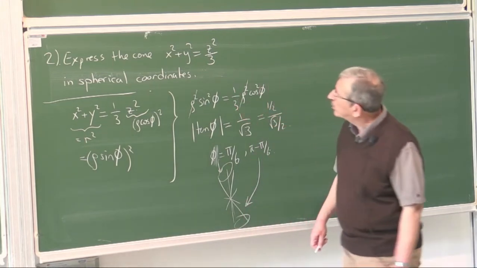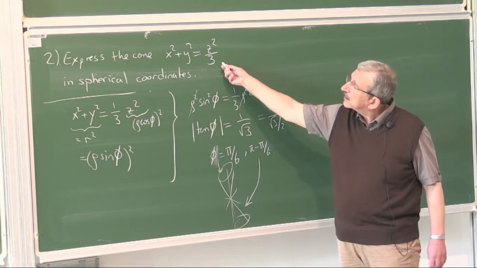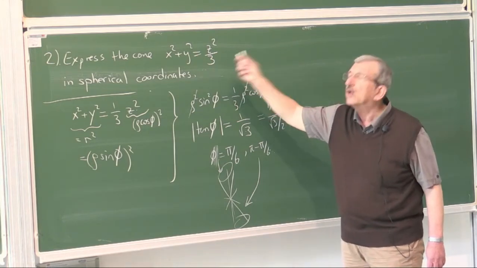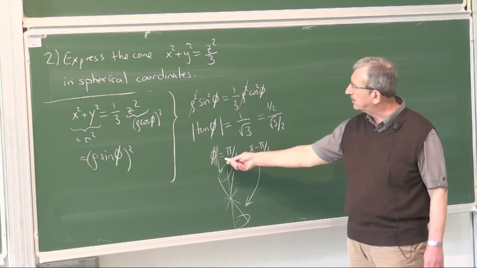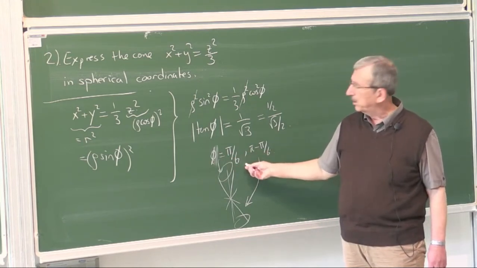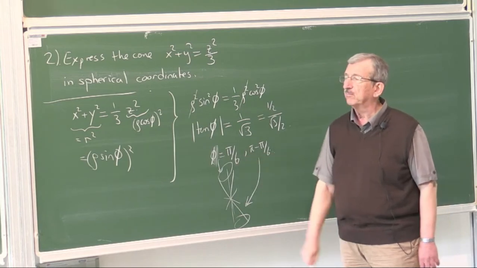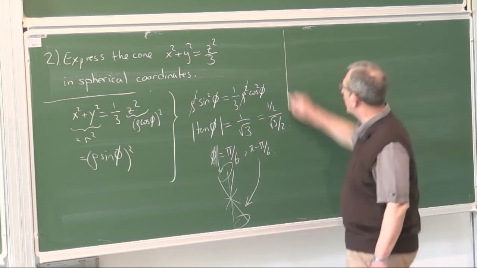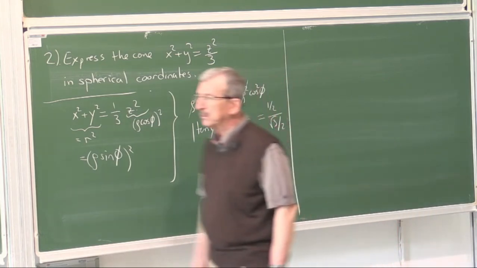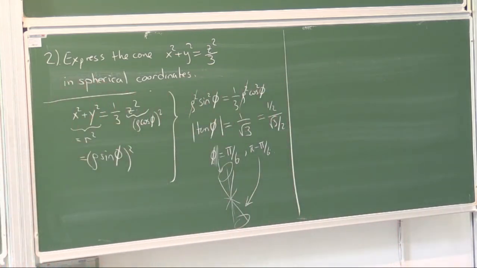Well, in short, this Cartesian equation is in a spherical system nothing but a cone, and phi is pi over 6, or the lower part included as well. It's a complete cone in this sense.